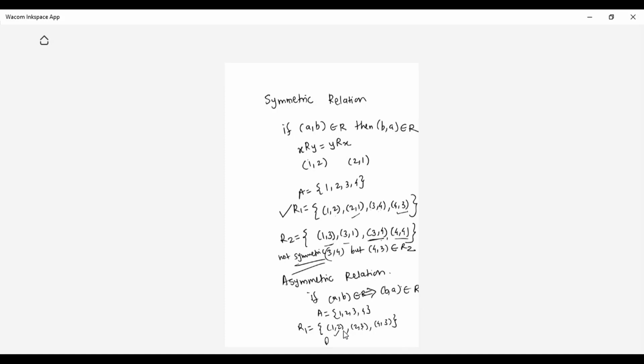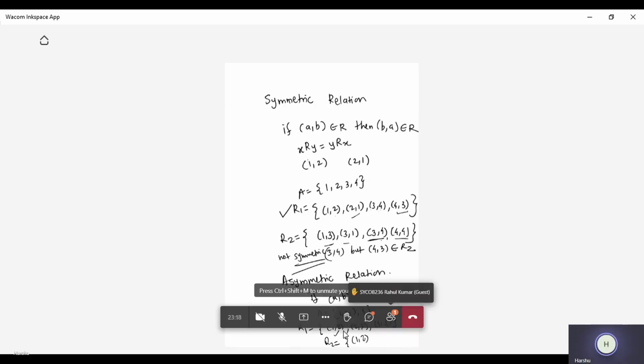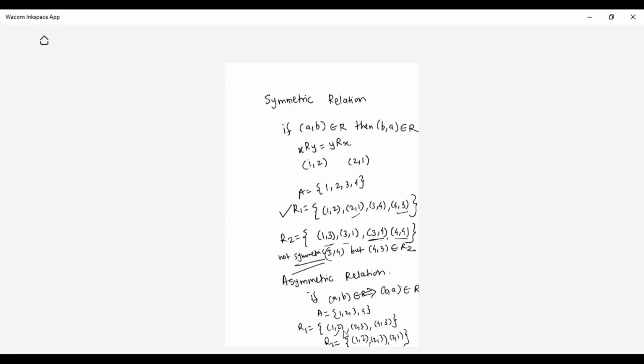Now suppose I take R2 as 1 2, 2 3 and 2 1. Would it be an asymmetric relation? No, because 1 2 is there and 2 1 is also there. So it is not satisfying the definition of asymmetric relation. R1 is an asymmetric relation and R2 is not, because 1 2 and 2 1 are both in the relation.